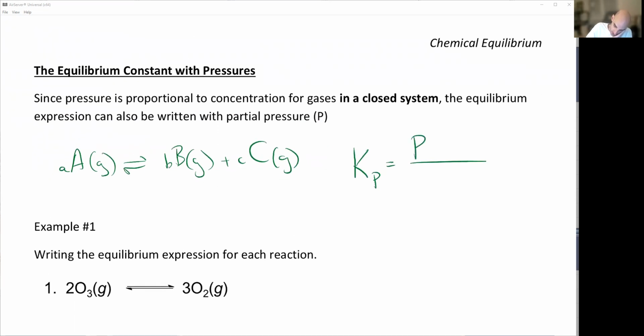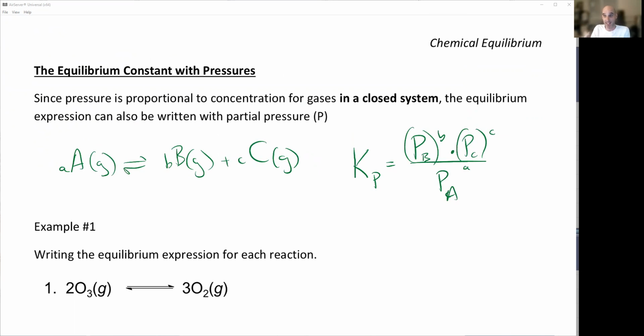So the pressure of C raised to the c, over the pressure of A raised to the a. I'm sorry, I was messing this up. So products over reactants. I was just going on autopilot there. Okay, so that's it, Kp or Kc.